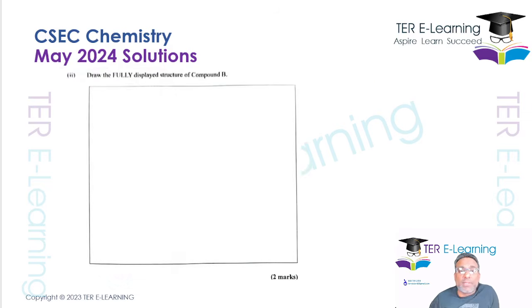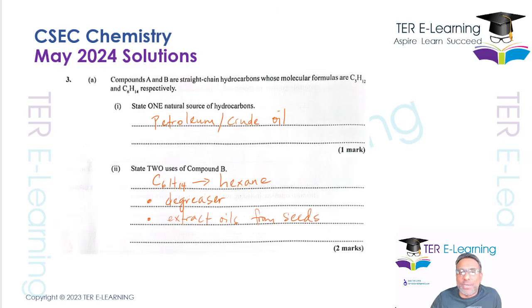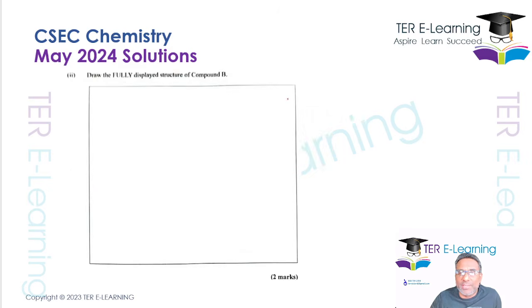Next part now. Draw the fully displayed structure of compound B. All right, so they're giving away marks here, guys. This is very simple stuff here. C6H14, right? So we're gonna draw 1, 2. Now they told us a straight chain, that's in the question, so no need to draw any rings here.